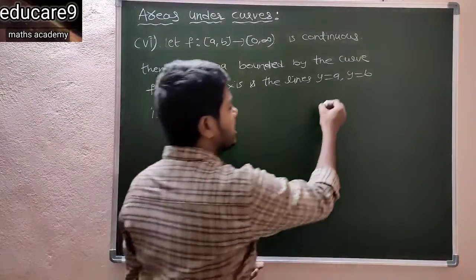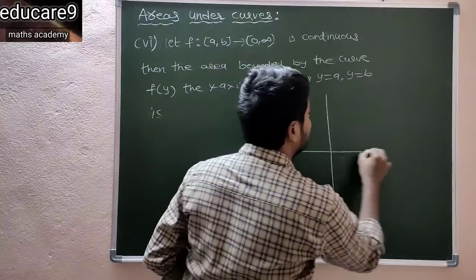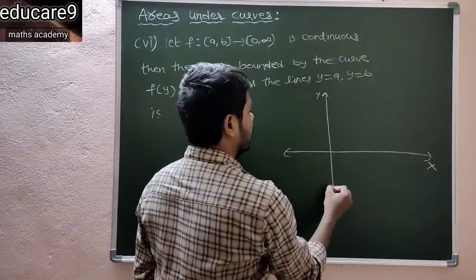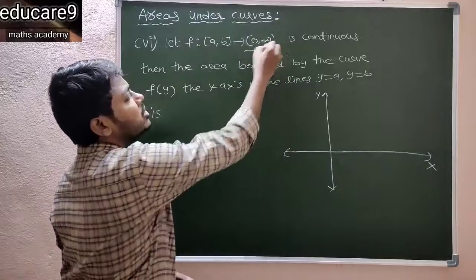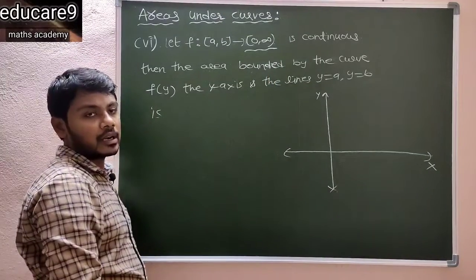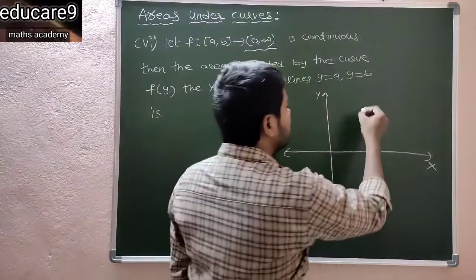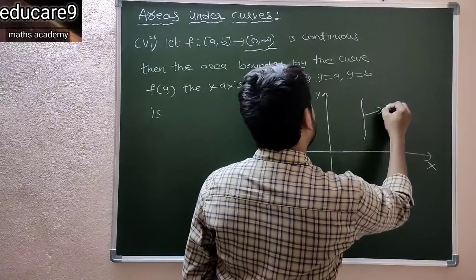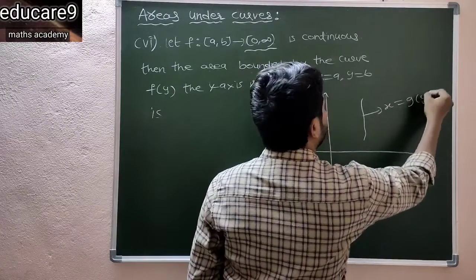is, so here consider the coordinate axis. This is x and y axis. Clearly here the codomain values are positive. So let us consider any curve, the curve is x is equal to g of y.